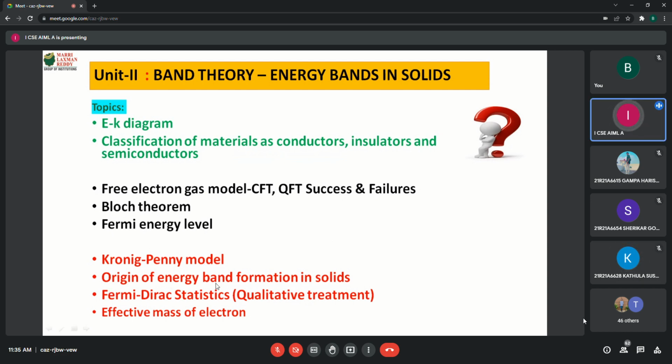Now, origin of energy band formation in solids: was this question asked or not? Have you seen this in both question papers? This is also there. Fermi-Dirac distribution law with cases explained is also there. And derive effective mass of electron is also there.